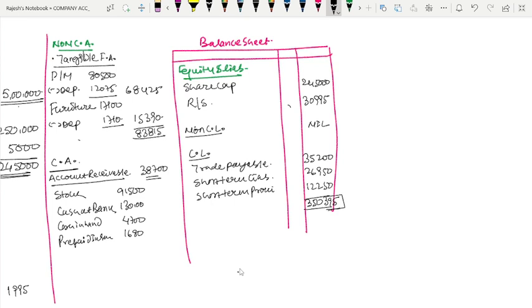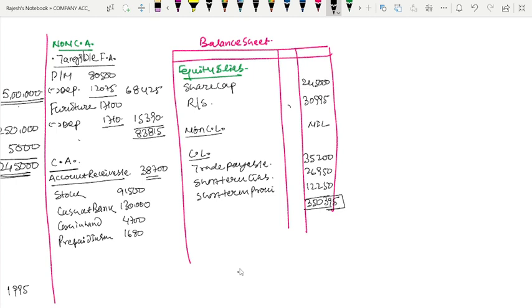Cash at bank is 1,30,000. 68,425 plus 15,390 plus 38,700 plus 91,500 plus 1,30,000 plus 4,700 plus 1680.